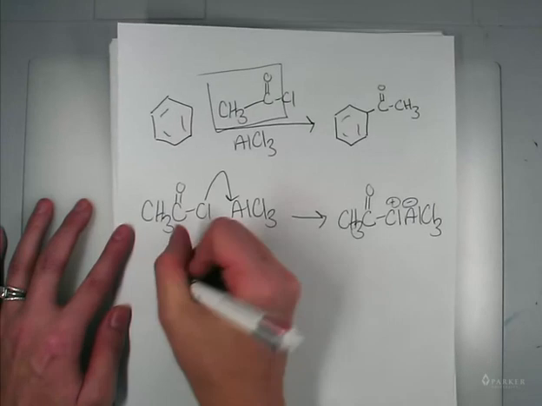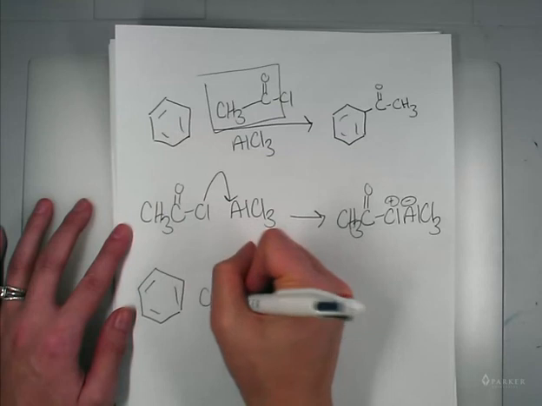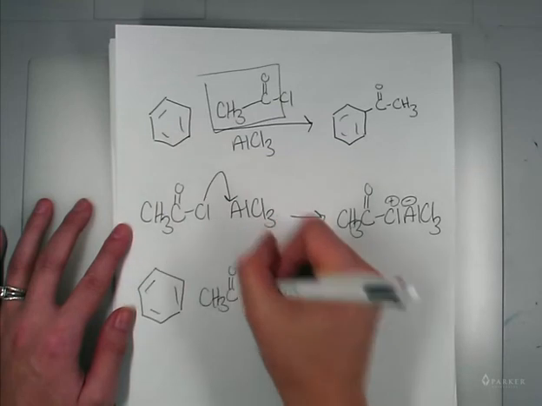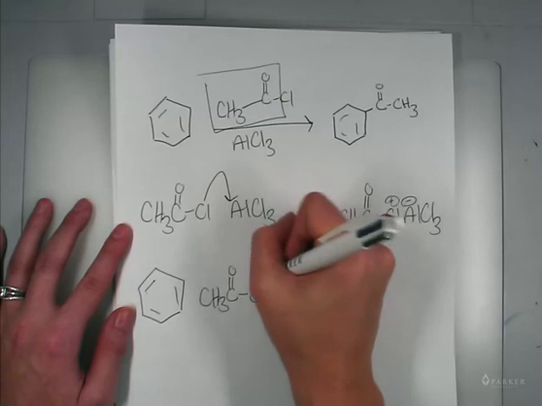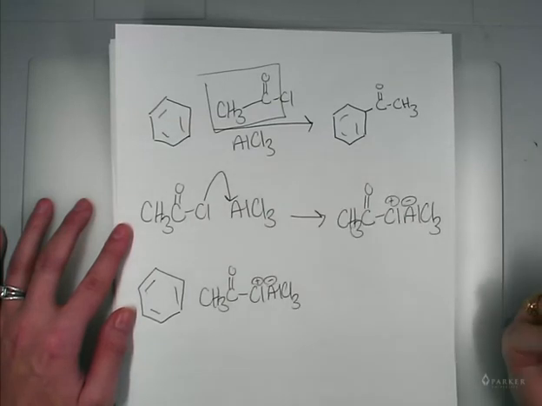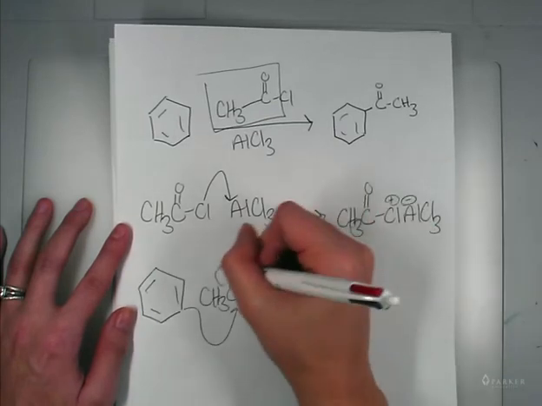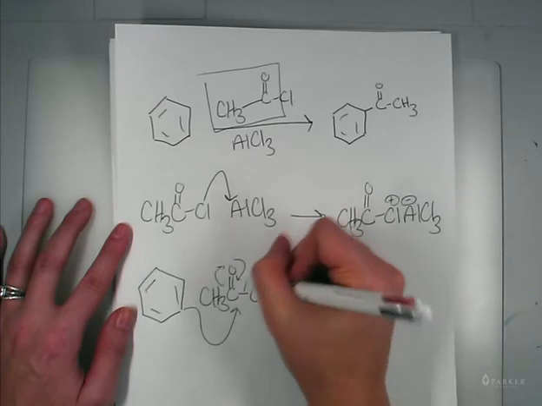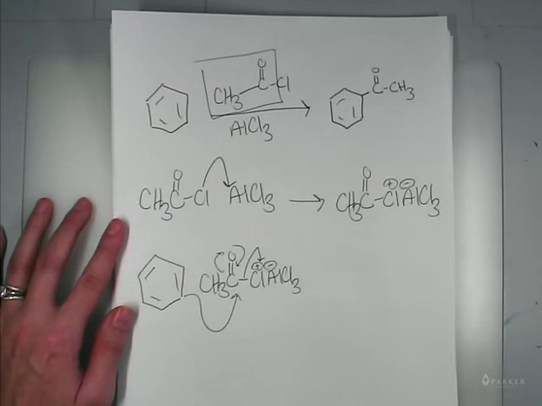And then what's next? Benzene. And where does it make a bond? Carbonyl carbon. And you can, if you want to, show this coming up and down, leaving group leaving.